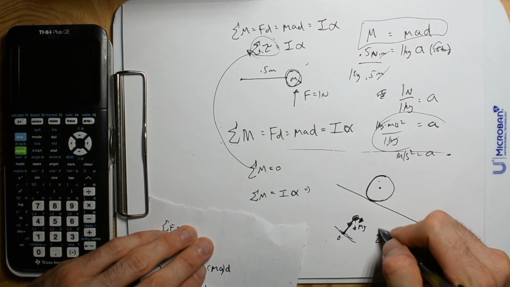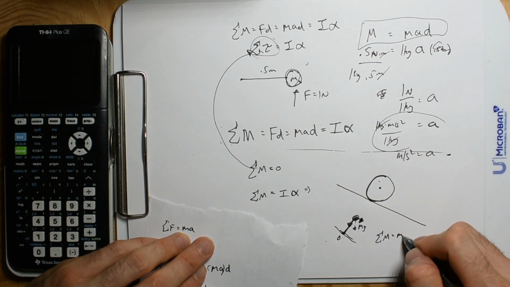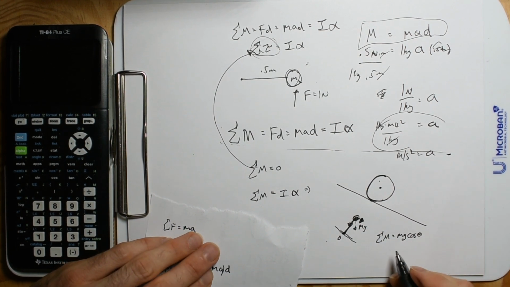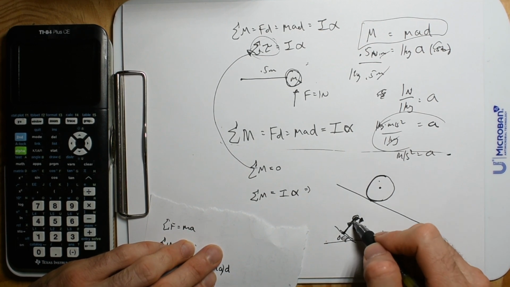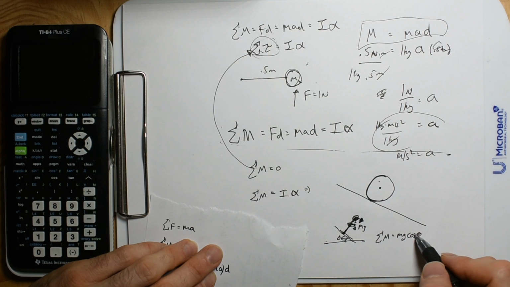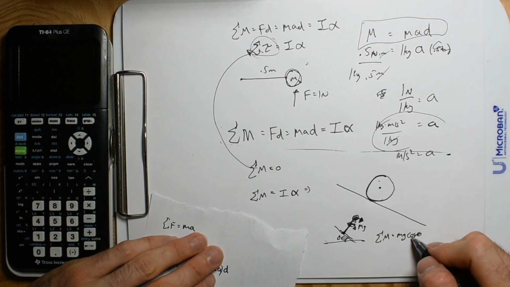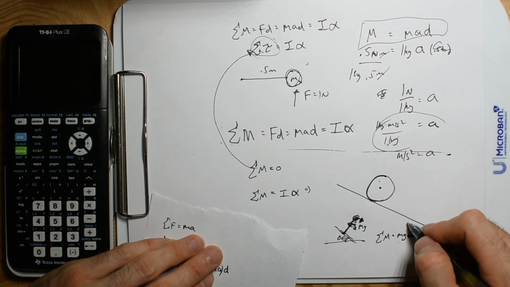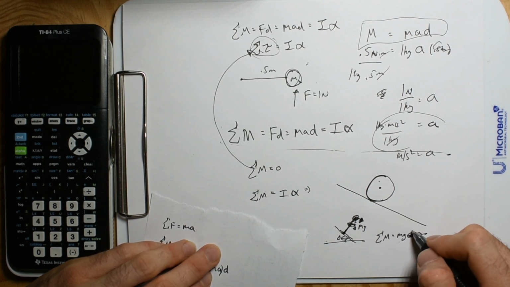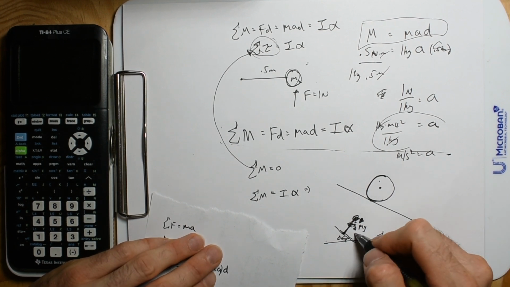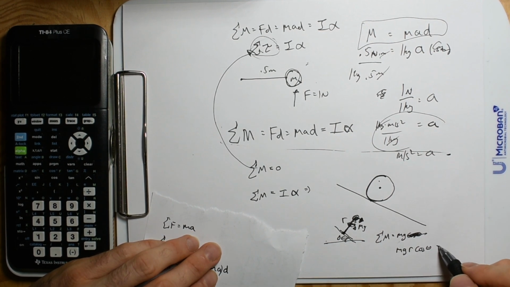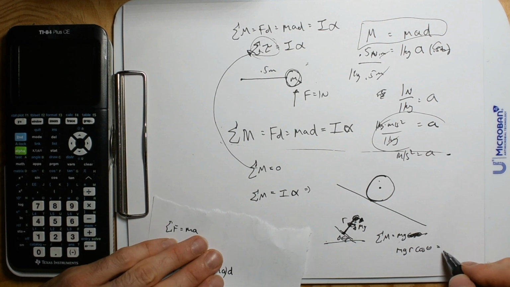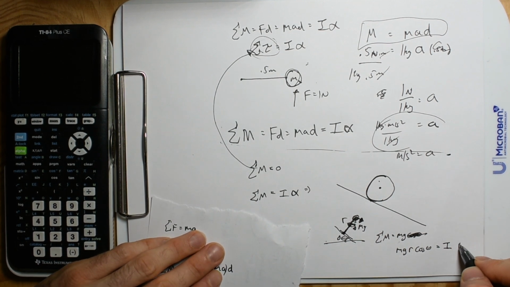So the sum of the moments is going to be mg, probably cosine theta, if I got that right, depending on where your angle is, if this is the angle of the ramp. Don't quote me on that, the way my drawing is. But anyway, you're going to have some sort of fractional representation of mg due to sine or cosine. And the distance away is going to be r, so you're going to have mgr, and then some sort of fractional distance. That's going to be the moment, and that's going to be equal to I alpha.